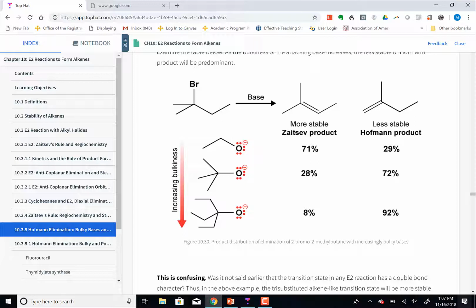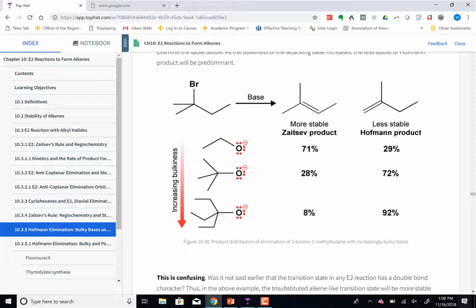What mechanism would that be? Well, it would normally be SN1 with some E1. But what happens is if the nucleophile is really strong and also a strong base, the nucleophile comes in and it tries to do SN2. Because that's really all an alkoxide can do, is to do substitution.